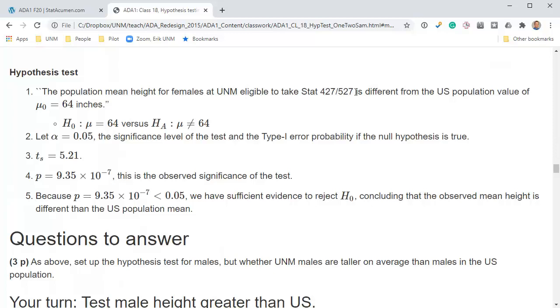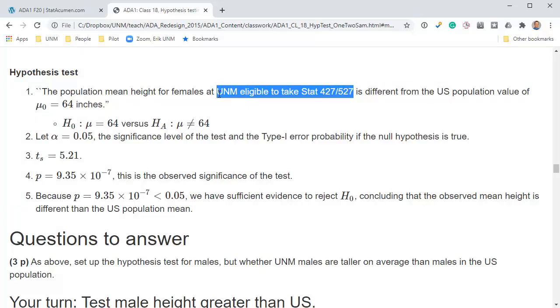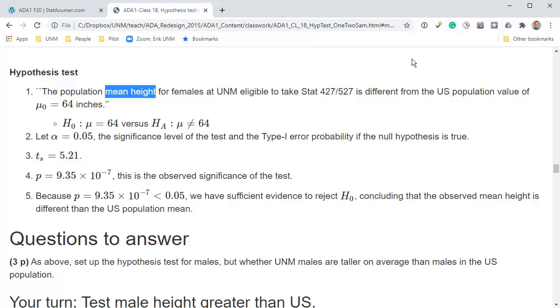I'm trying to think of who the population is. It seems that our population isn't the sample of students in our class. It's something larger. It's all students who could be taking our class. And I'm treating our class as a sample from that larger population. So is that mean height different from the U.S. population value of 64 inches? And I've specified here mu naught equals 64.